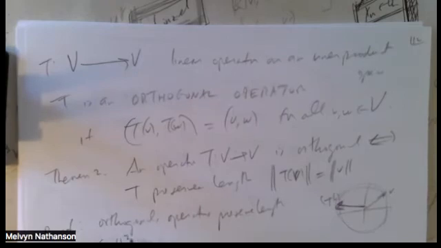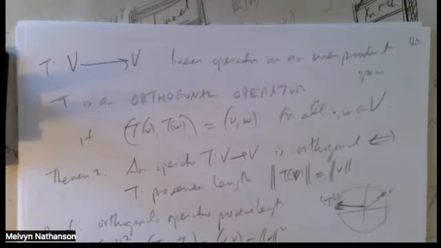If I square that, the length of T of v squared is just the inner product of T of v with T of v. But T preserves the inner product, so that's the inner product of v with itself, and that's the length of v squared. So if I take the square root, the length of T of v equals the length of v. So an orthogonal operator preserves length.